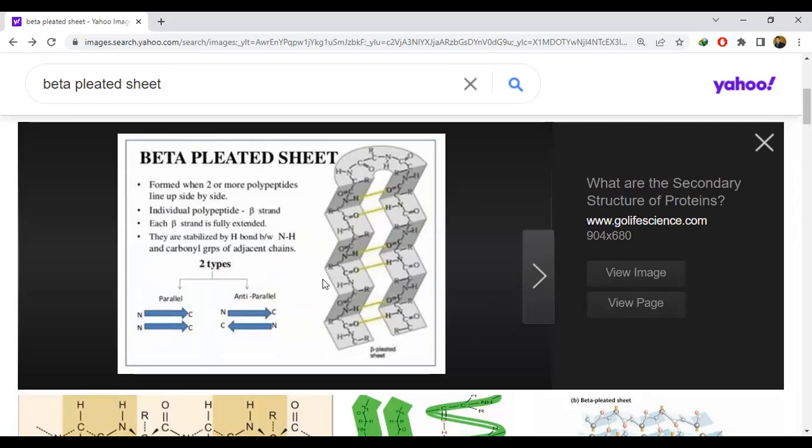Can you see the screen? Yes, sir. So in the diagram, there's a chain marked.